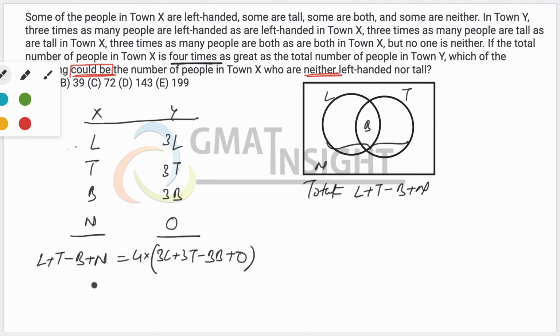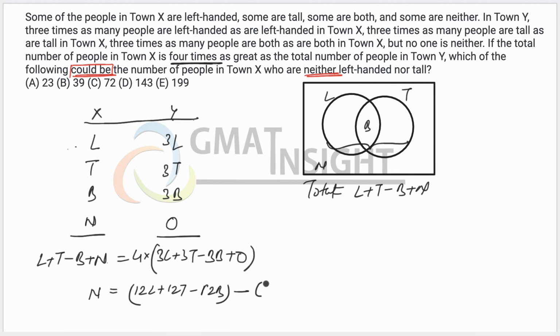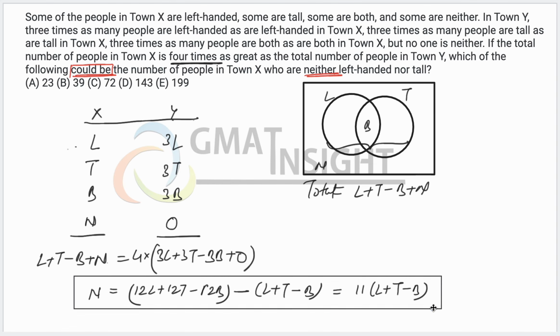So if you simplify this equation, N is equal to 12L plus 12T minus 12B minus (L plus T minus B). If we simplify this, we get 11 times (L plus T minus B). So the only conclusion that we can make about N here is that it must be a multiple of 11, right?